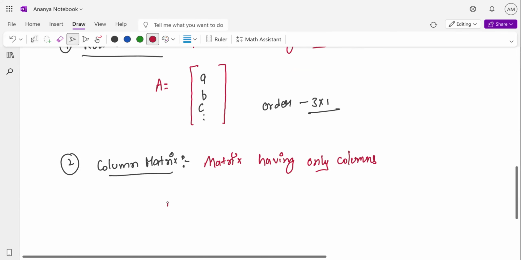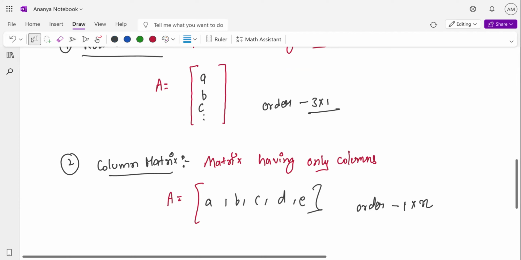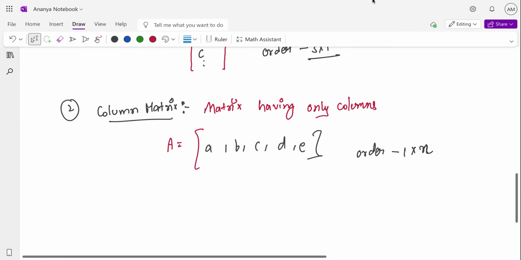For example, we can just put some random matrix. Again, here you'll have A, B, C, D, E. And the order is whatever you have, let's say n times 1, the number of entries. Clear? Basically the size. That's all. Okay.